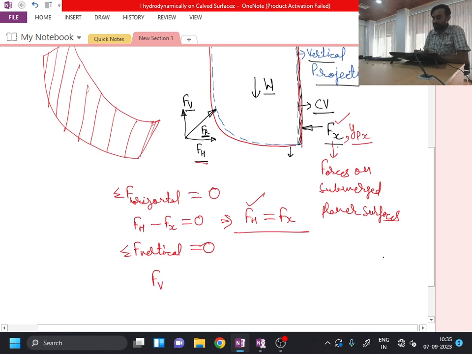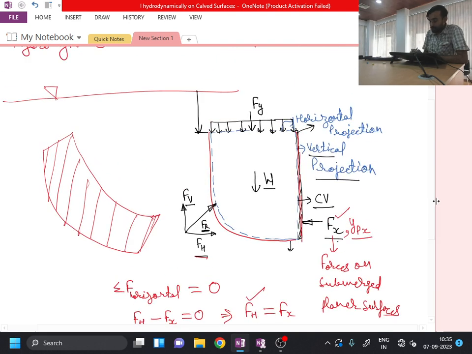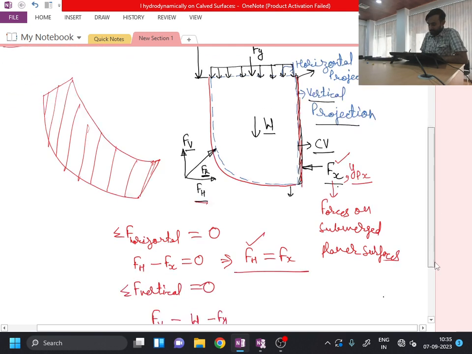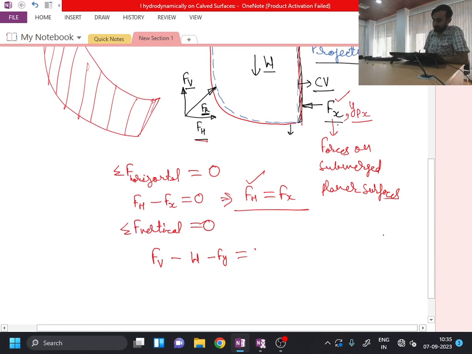Fv is the force which is acting in upward direction, minus W is the weight which is acting in downward direction, minus Fy is the force which is acting at this particular control surface, which is nothing but the horizontal projection. On this horizontal projection of the liquid control volume, I have Fy amount of force. So that I have also considered over here, and this is equal to 0. So from here I can simply say that Fv is equal to Fy plus W.